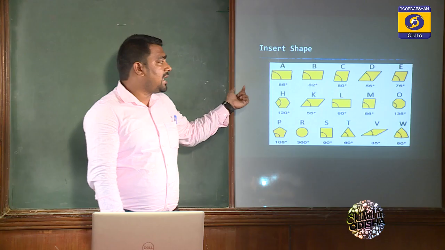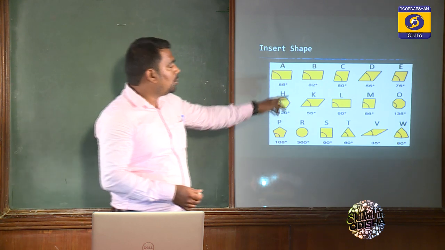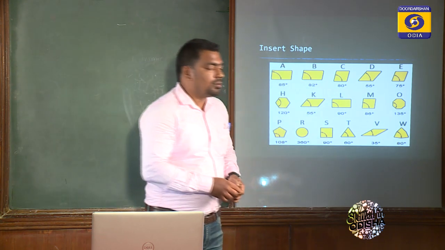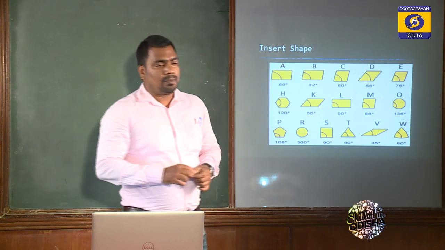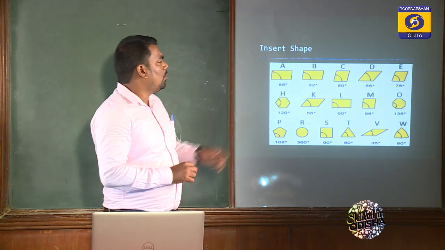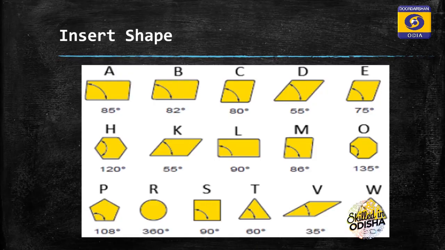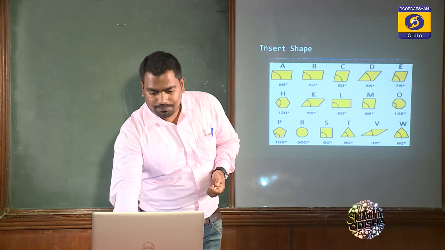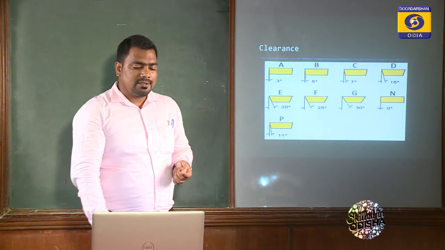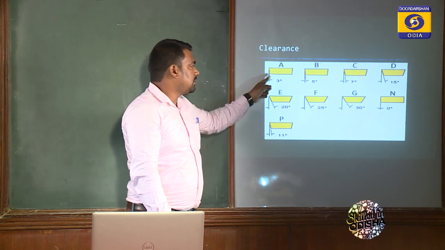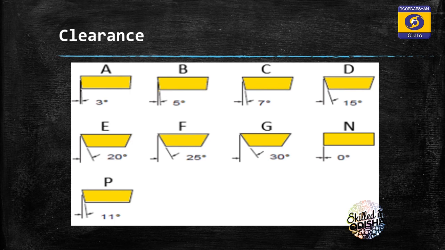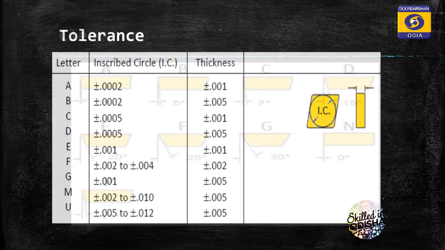These are the shapes available. Generally we use D and V type cutting tools for finishing operations, and C and W types for roughing operations. Mostly we use C, D, T, V and W type inserts. These are the clearances. Clearance means the insert makes a relief angle with the base of the insert.